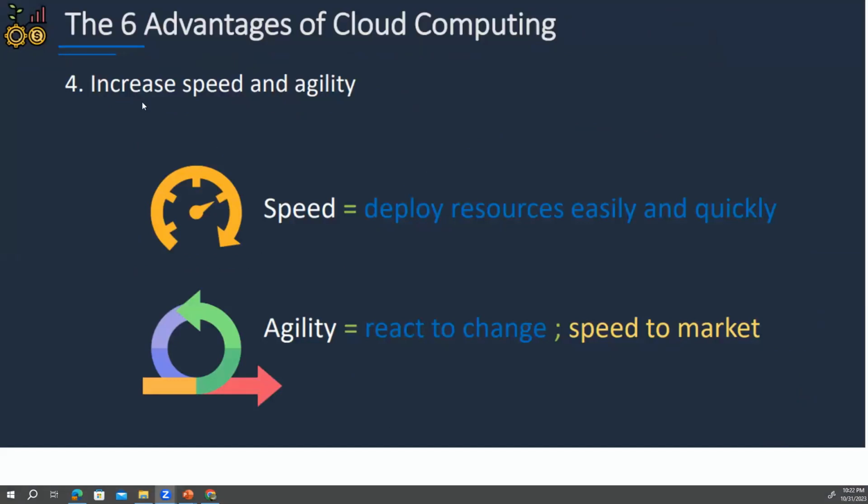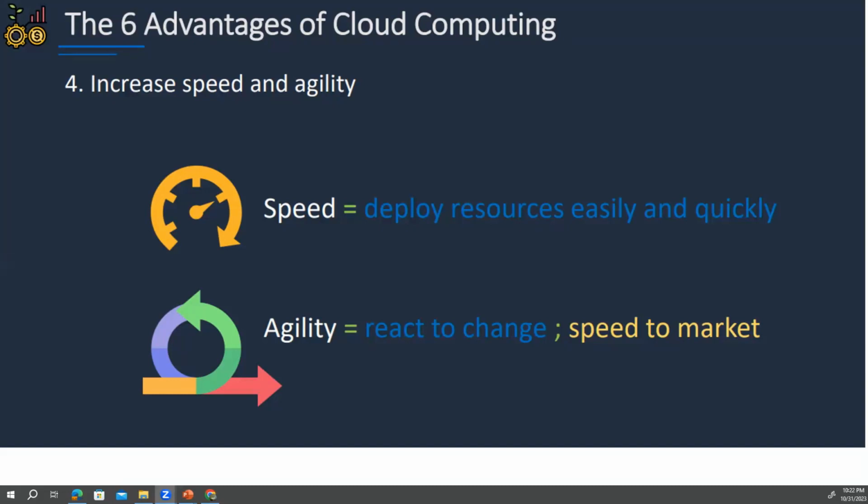And the fourth thing is increase speed and agility. For example, when I want to develop a website or a web application, or create a database and make it available, how much time does it take? You can do it within an hour or two. That is the speed and agility you get. You can deploy your resources easily and quickly, and react to changes in the market, because we are working in a time-sensitive environment.